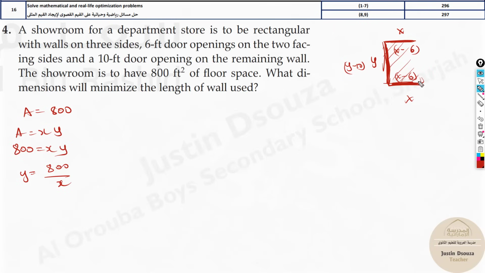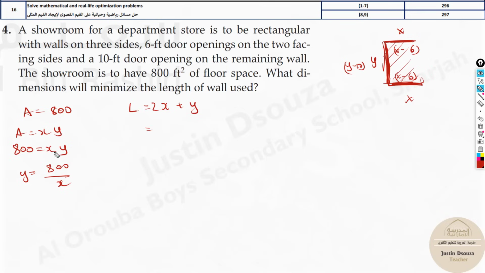Now, let's find the length, the perimeter, or I'll just write it as length. What is the length? There is 2x, x plus x. I'll write it 2x plus y. There is y, one length, then the open side, right? Here now, what I'll do is, I will write x minus 6. Why?